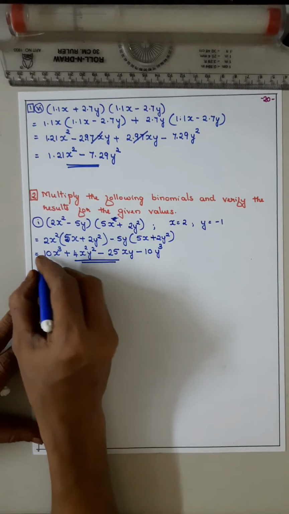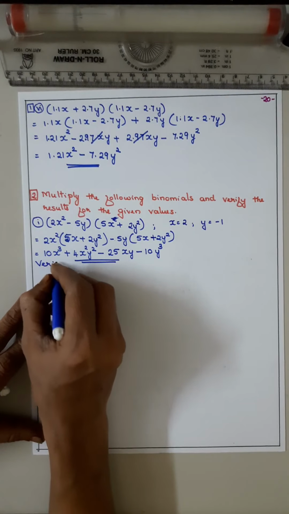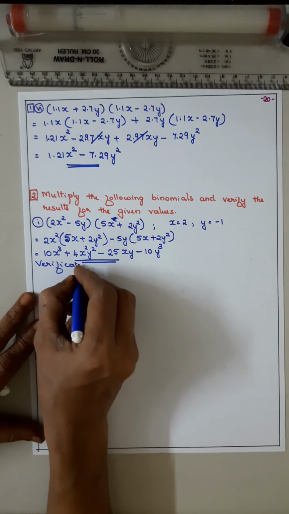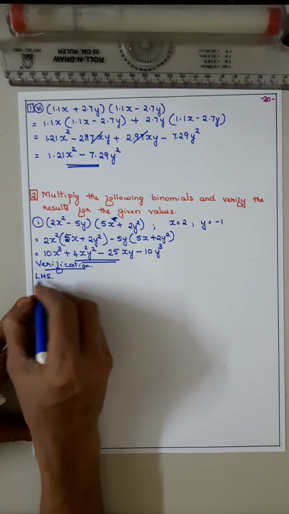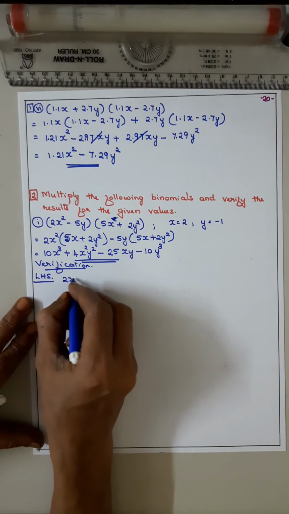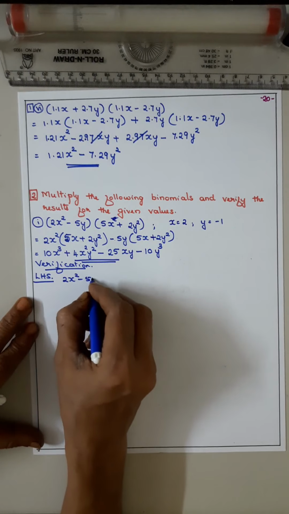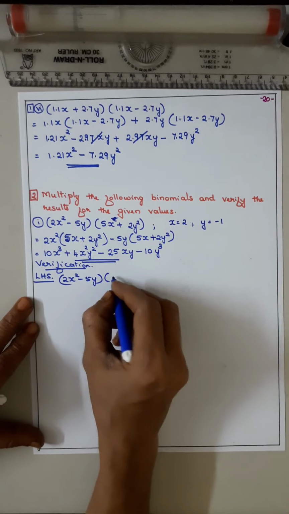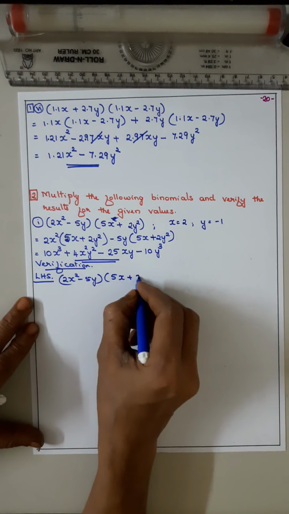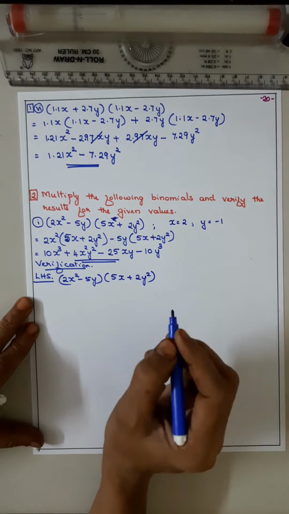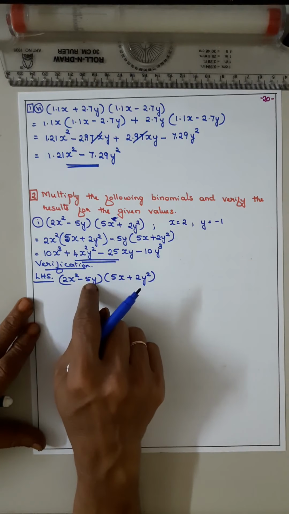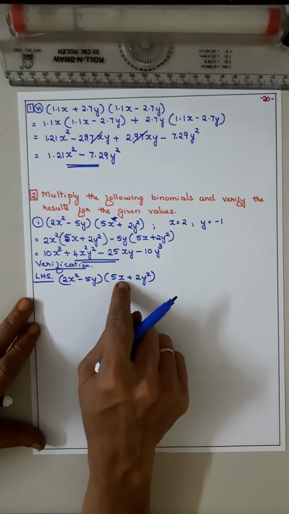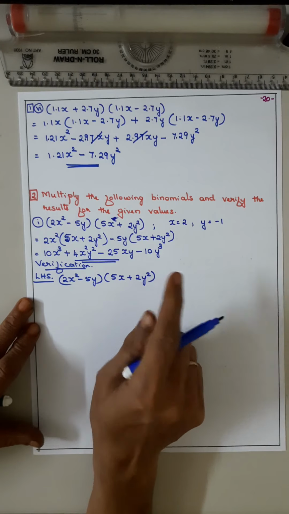Okay, now coming to verification. Write LHS, that is 2x squared minus 5y, then 5x plus 2y squared. Question is correct. 2x squared minus 5y, 5x plus 2y squared.